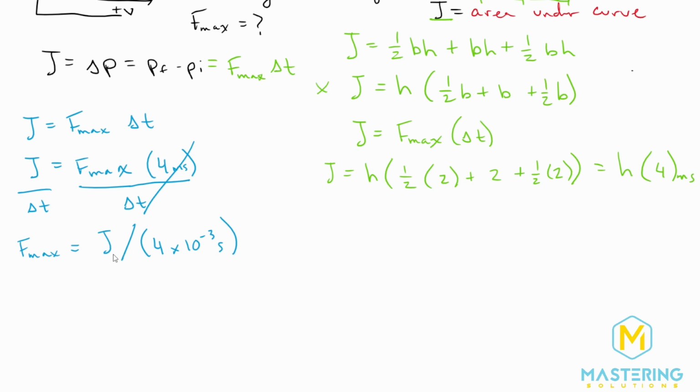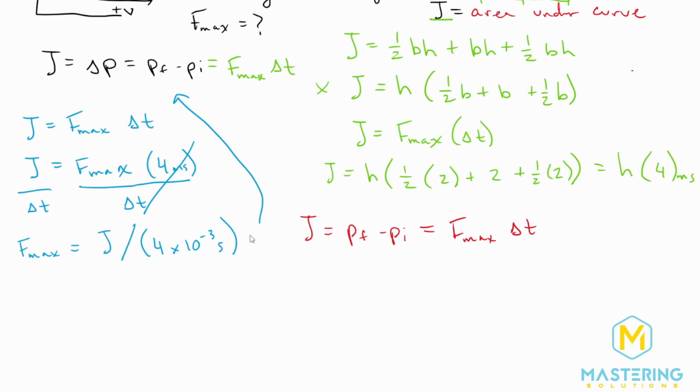But we don't know what J is, right? So we can't find Fmax without solving for that. So we have to come back to our equation up here and use the change in momentum to find the J to plug it in. So if we come here, we have J is equal to P final minus P initial. And we know that that's also equal to Fmax times the change in time.